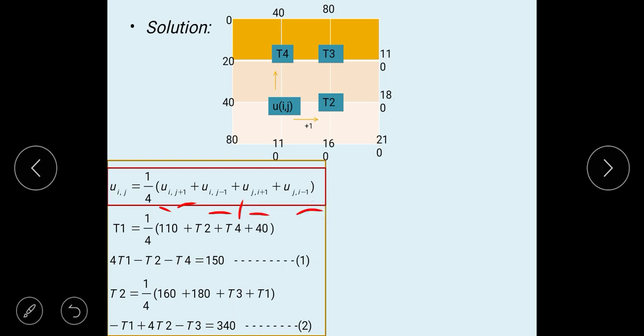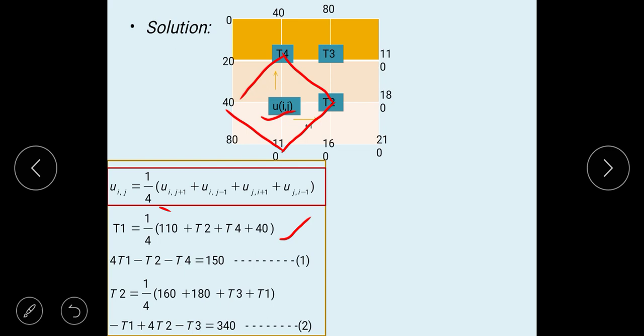Then from this figure you can find T1, the temperature at this point, is equal to 1 by 4 in brackets, 110 plus T2 plus T4 plus 40.